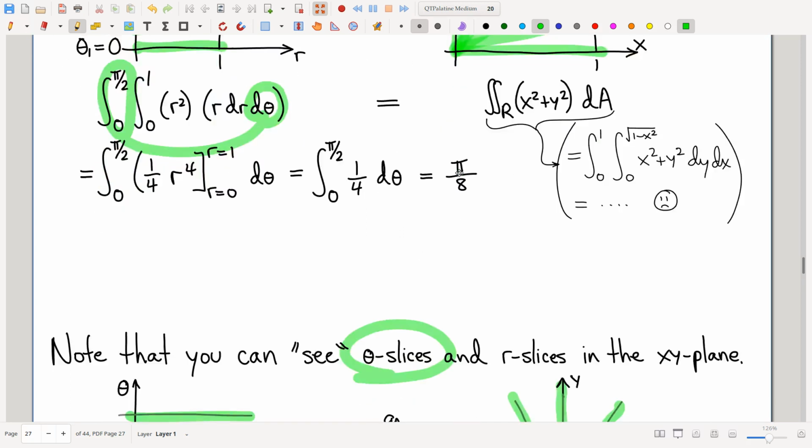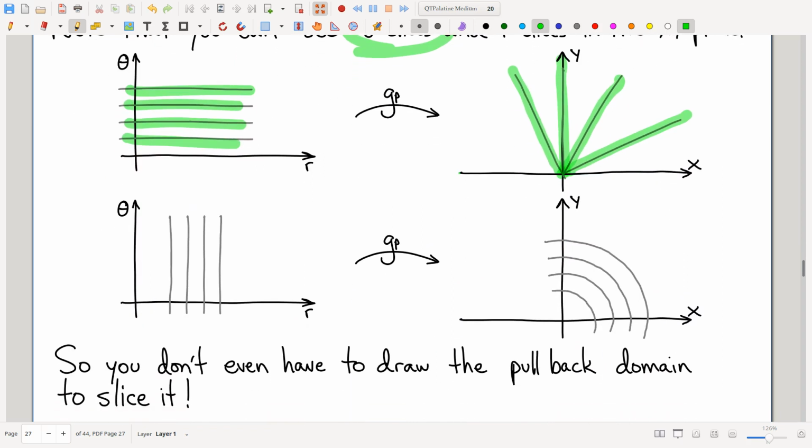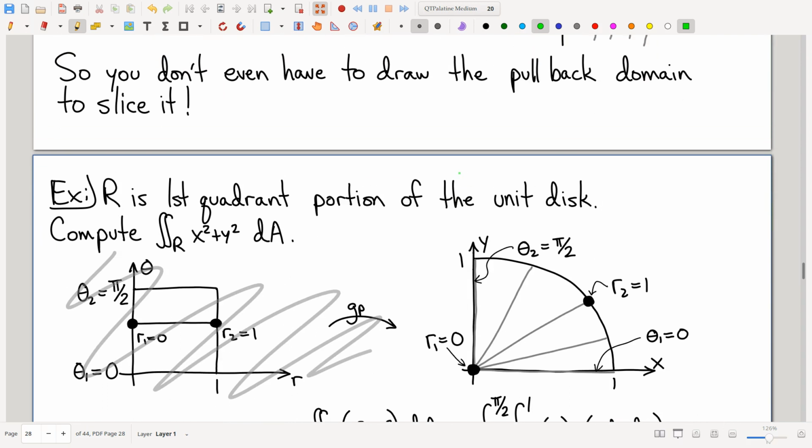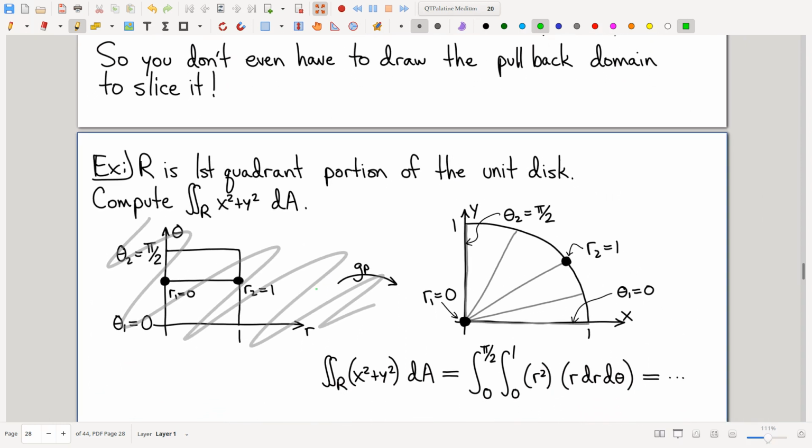And you can make a similar observation about R slices. R slices just mean constant values of R, and I know what that looks like in XY world. So here's the wonderful punchline to this, the really nice upshot.